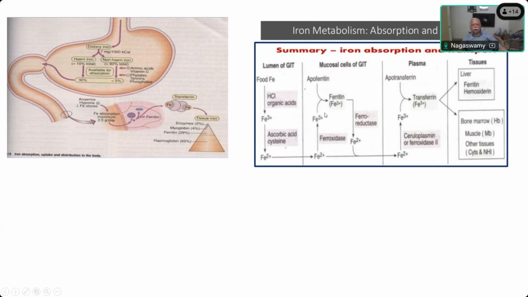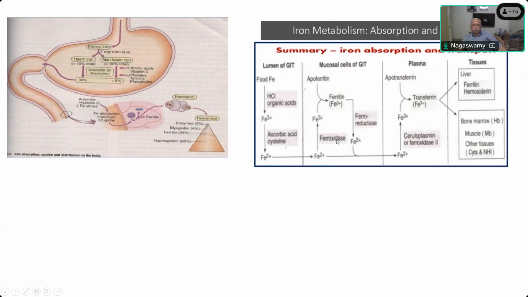Okay, so ferric ion plus apoferritin produces ferritin, which is a storage form, and the conversion of the ferrous to ferric is done by an enzyme called ferrooxidase. And once it is stored in ferritin form, whenever there is a requirement or a decrease in the plasma iron level, then the stored ferritin will be reverted back to the ferrous form by an enzyme called ferroreductase.